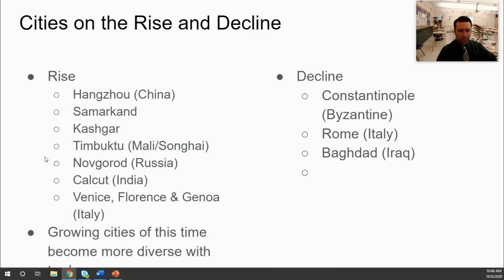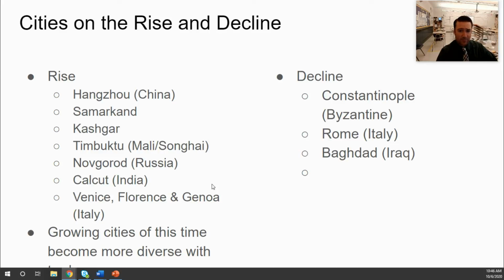Calicut would be a major manufacturing and trading point of cotton textiles. Novgorod, which is in Russia, is connected to the Volga River, which then connected to the Baltic Sea. And so the trade in the northern Baltic Sea along the northern coast of Europe was really important at that time. And as these cities grow and become more urban, they're also becoming very, very diverse.